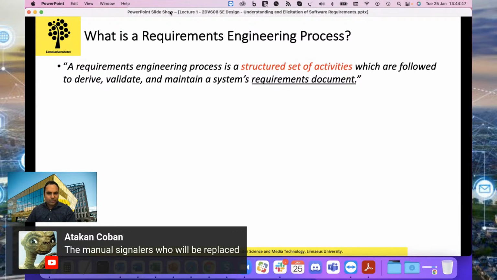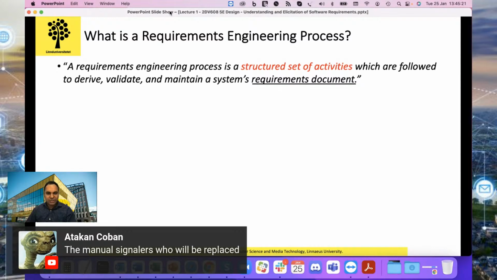There can also be a question in your mind: what is requirements engineering, what is the requirements engineering process, and what is the difference between them? So requirements engineering is a set of activities. There is a definition of the requirements, there is specification of the requirements, there is analysis or negotiation of the requirements, and so on.